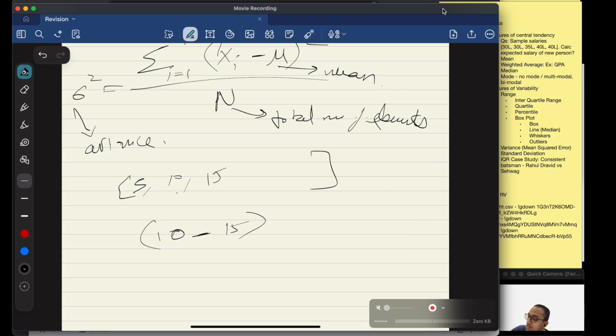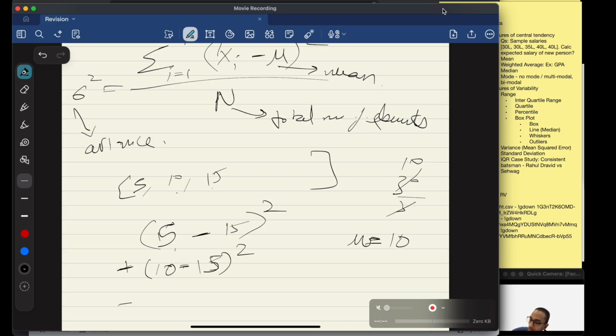So this is just a random data set. We are taking 3 elements. What is the mean here? For 5, 10, 15, that is 30 by 3, so we have mu as 10. Now the calculation will be 5 minus 10 whole square plus 10 minus 10 whole square plus 15 minus 10 whole square, by 3.